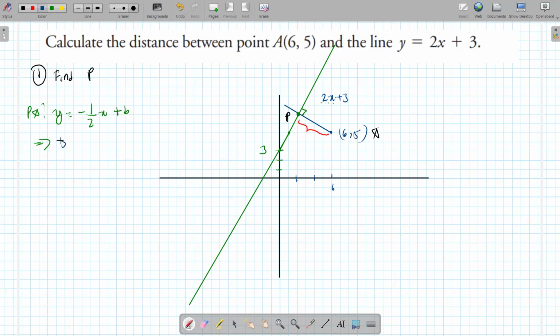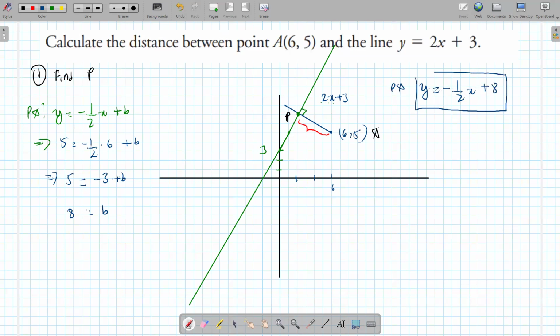So 5 equals -1/2 times 6 plus b. So 5 equals -3 plus b. And b is 8. Therefore, the equation of PA is y equals -1/2x plus 8.